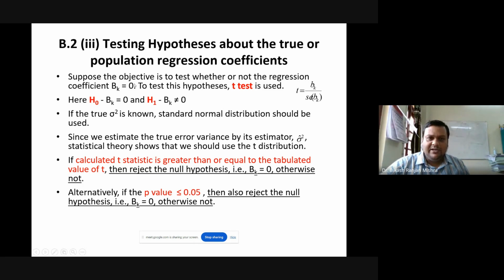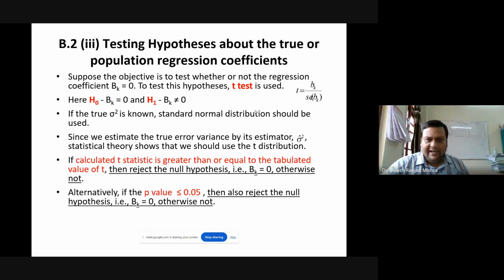You can test this with the help of the t-test, which is the coefficient that we estimate divided by its corresponding standard error. So the lower the standard error, the higher the t-test. The higher the t-test, the better your coefficient. Accordingly, you can reject the null hypothesis or accept the null hypothesis.